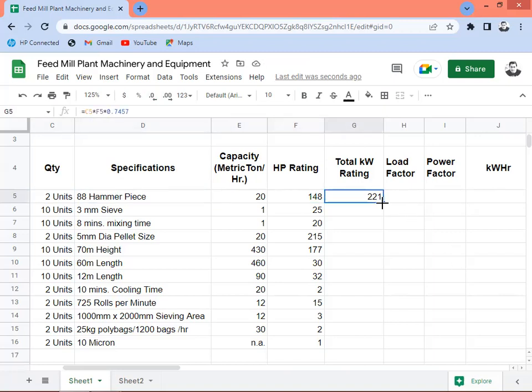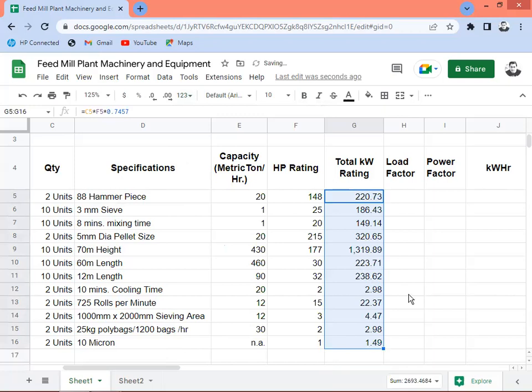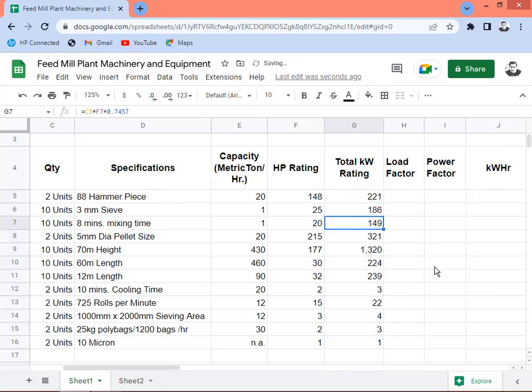Then I'm just going to copy it down. This would be my kilowatt rating. I'm going to get the number format, then just remove the decimal places. Okay, that's it.